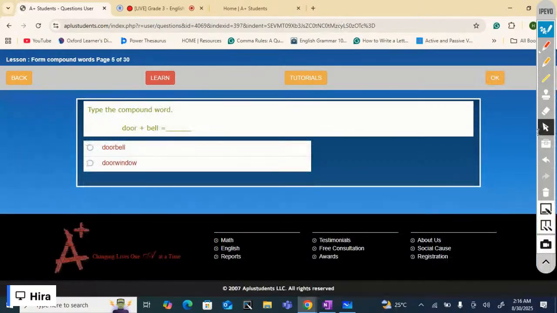Door and bell. These are the two smaller words that form a compound word.